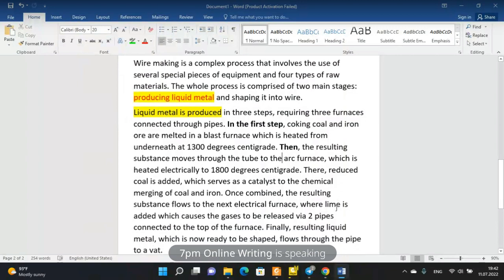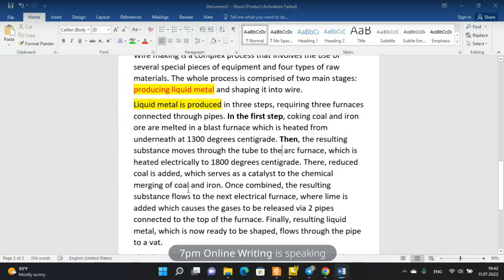There, reduced coal is added, which serves as a catalyst to the chemical reaction. Because here, this is a little bit of chemistry language, right? A catalyst in chemistry is something that causes a reaction. Correct.